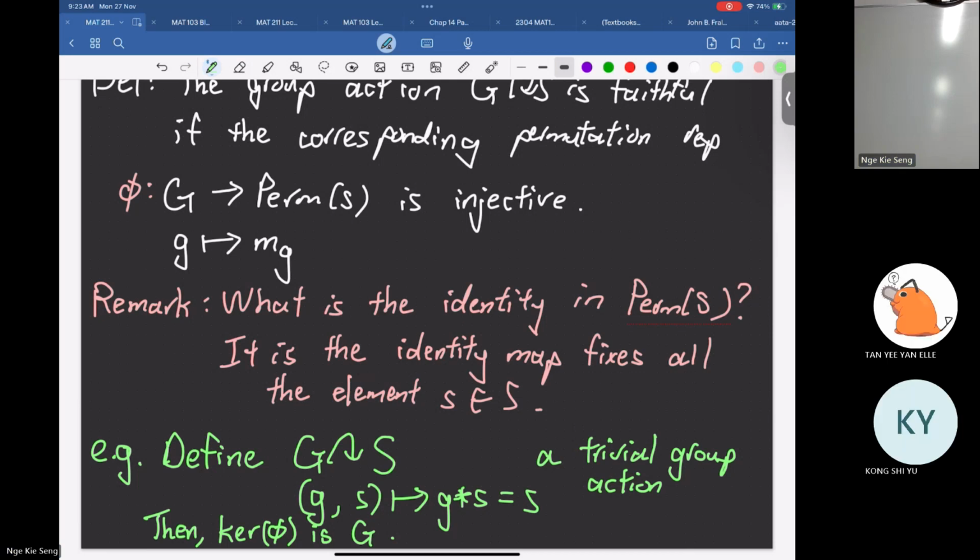So the kernel of the permutation representation is everything. Does it make sense? Any question about this?